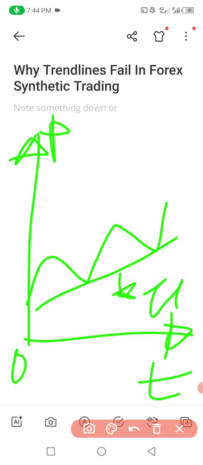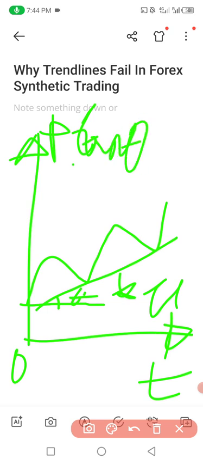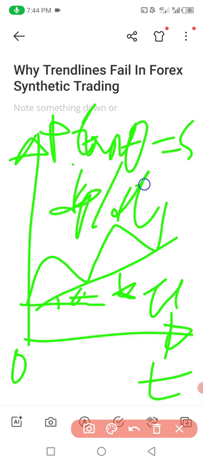This trend line is acting at an angle theta to the time axis. The angle between the trend line and the time axis is the characteristic of the trend line, and the tangent of this angle is equal to the slope or the gradient, the dP/dT, of the action.